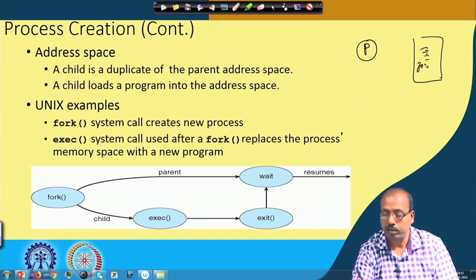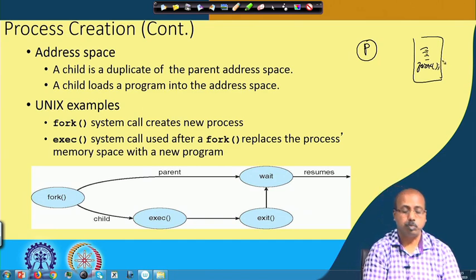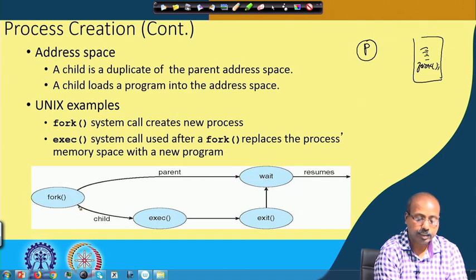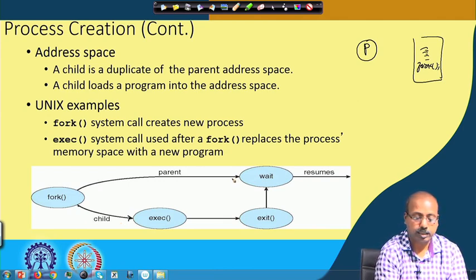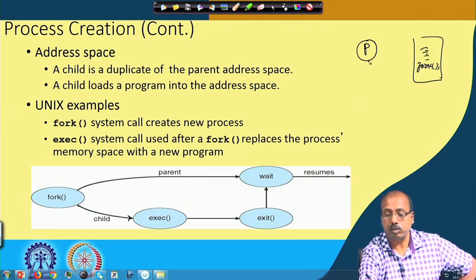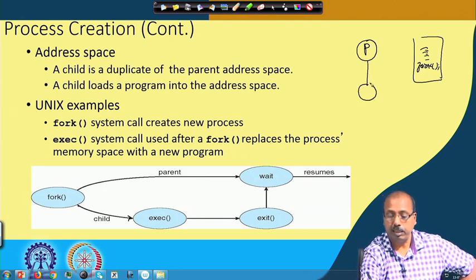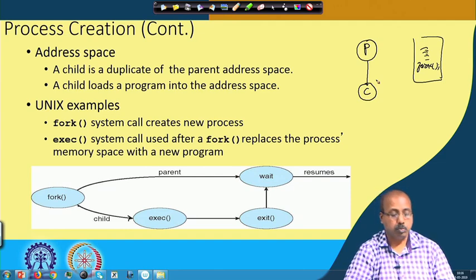What this fork does is that it creates a new process, that is the child process, and then the parent process continues. So, after forking we will have two processes: from this P another child process C will be created.